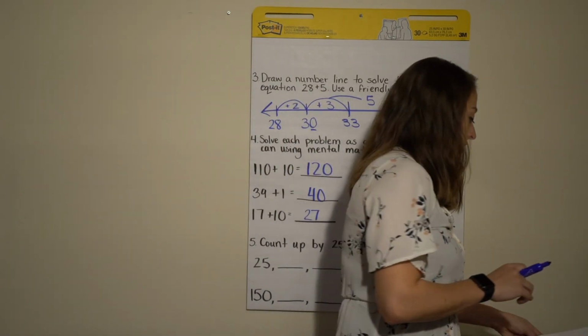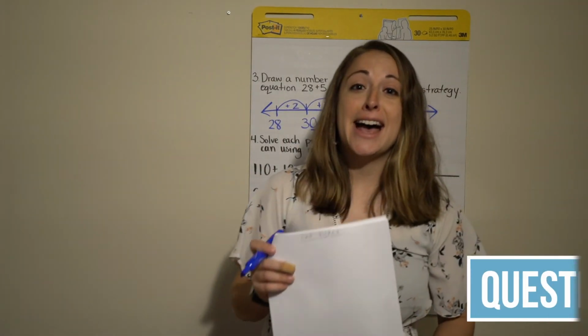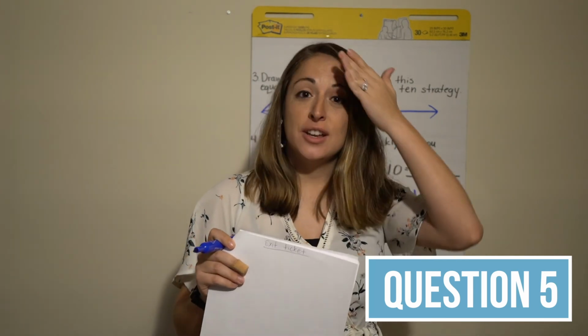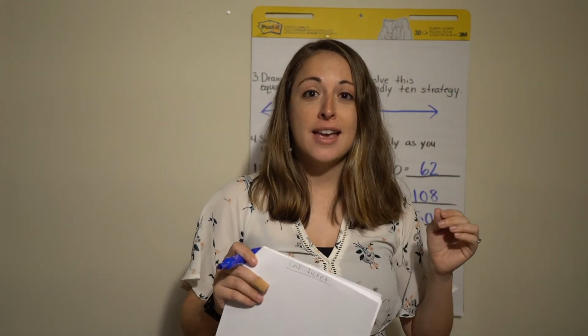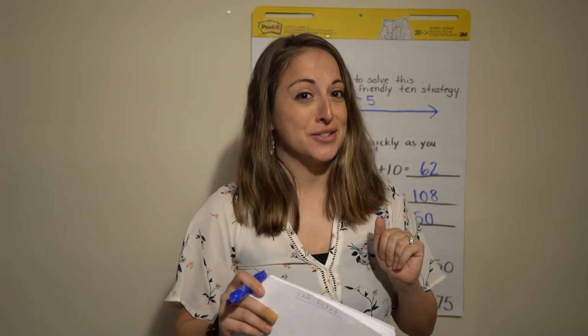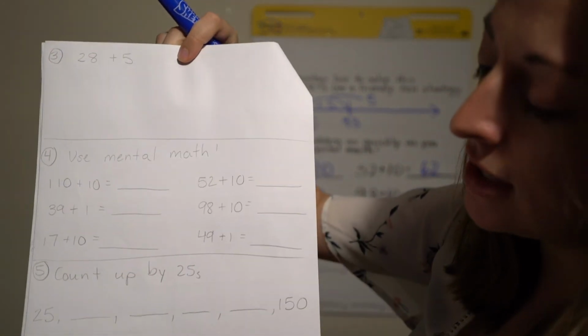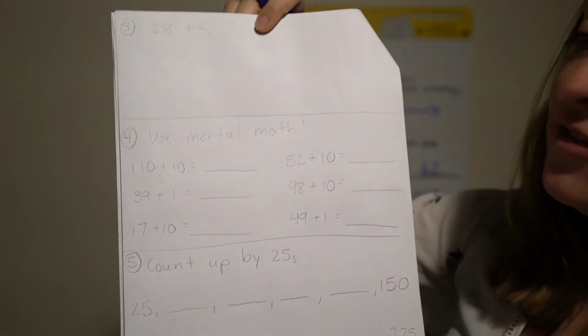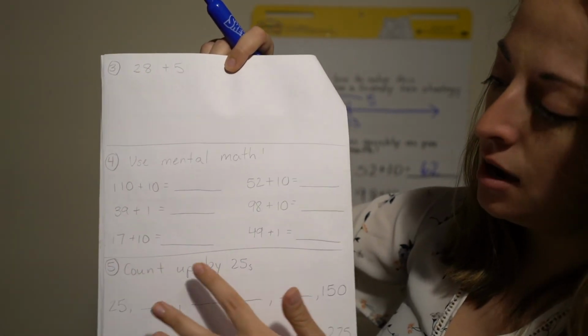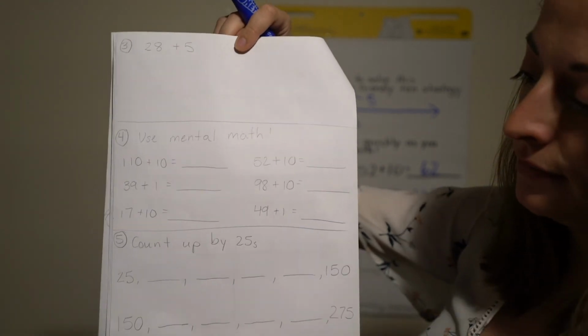Okay, let's go on to our last question. Kiss your brains. You all have been working so hard, and I hope I see some cool pictures of those fancy clothes. Okay. Number 5, it says count up by 25s.